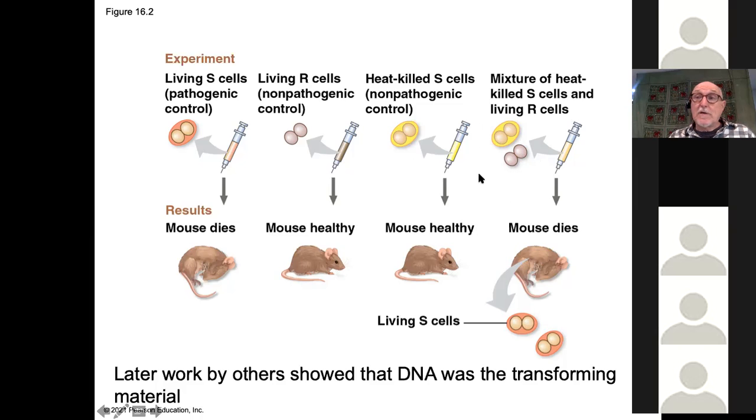The one where they destroyed the DNA, the mice survived. The one where they destroyed the proteins, the mice died because this was still being transformed. The DNA was still active. So that was a conclusive demonstration. It's DNA that gives this information.